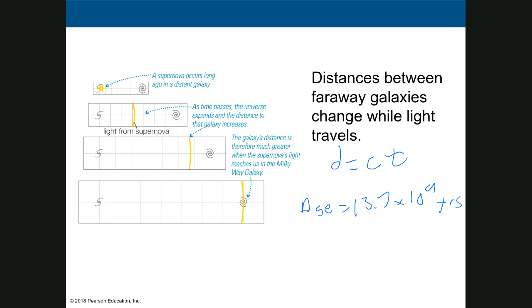All right? Now, the weird thing, though, is that the diameter of the distance of the universe is nearly 100 billion light years.